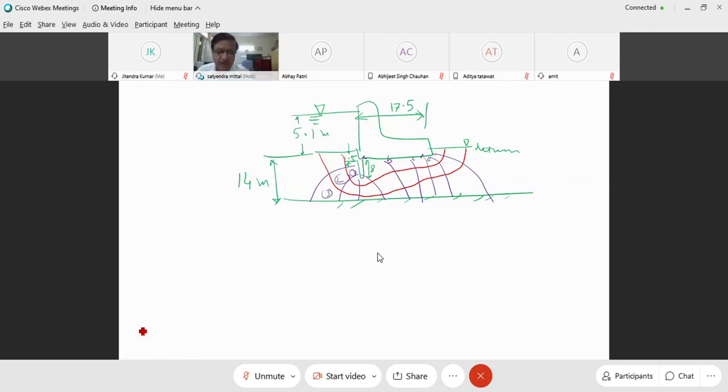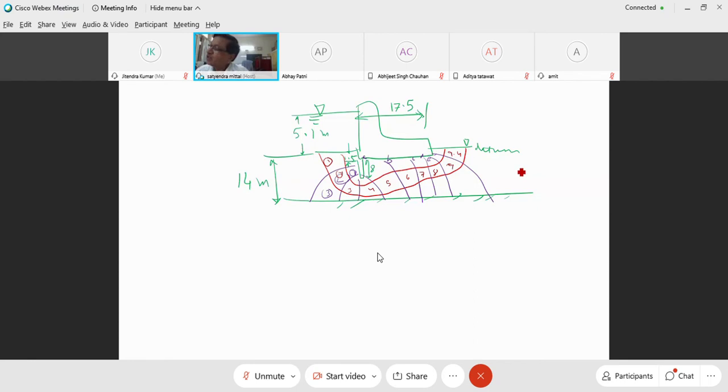And if you count this side, 1, 2, 3, 4, 5, 6, 7, 8, 9. Let us say it is 9.4, as per the graph which I explained last time also.